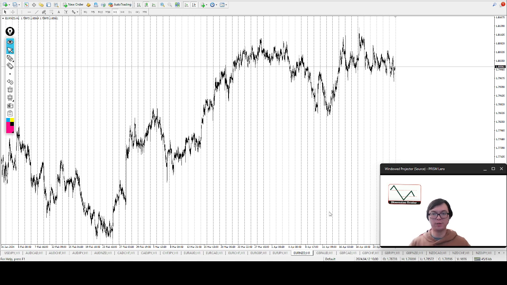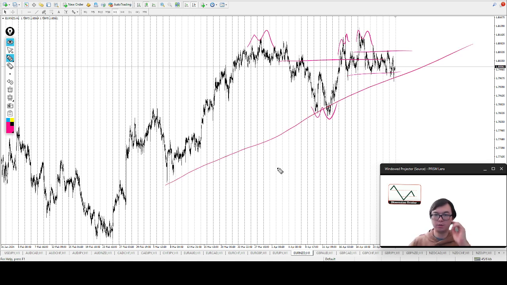Euro New Zealand. This pair we see top, bottom, retesting, breaking to make another high, pricing moving sideways, and we are not seeing any trendline break because there is the big trendline right here.